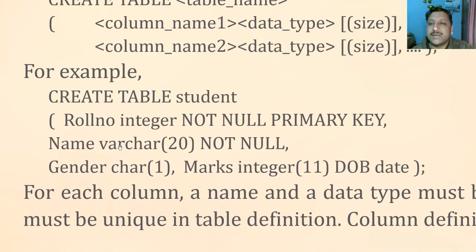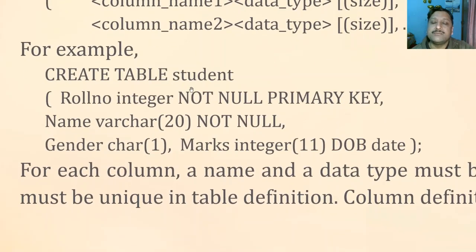Here we are giving you an example. Suppose we want to create a table student with the following details: the roll number, name, gender, marks, and date of birth. Okay, five columns we are going to add to the student table. Roll number is given the data type integer, and we have mentioned that it should be not null and primary key.